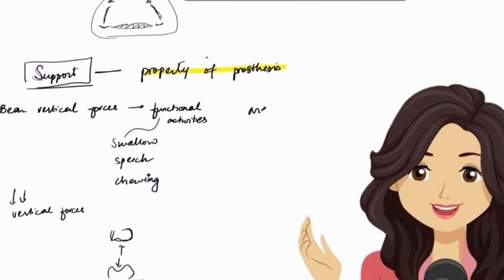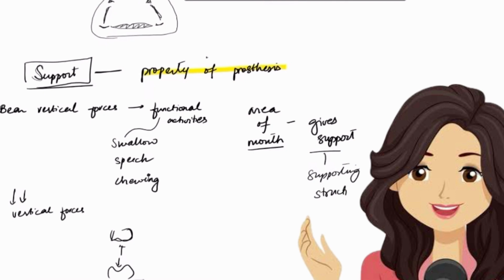The area of the mouth or the intraoral structure that helps you derive support, the structure from which the prosthesis is deriving support, is called a supporting structure. So the structure that helps you deal with these occlusal forces, absorb and dissipate these forces, is called a supporting structure. So I hope it is clear with you.